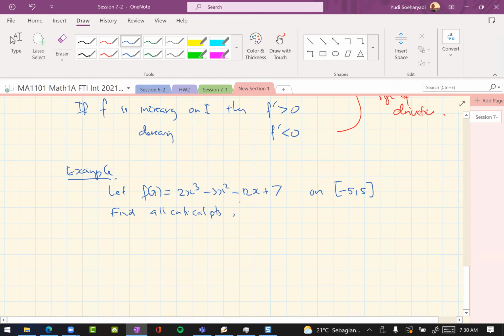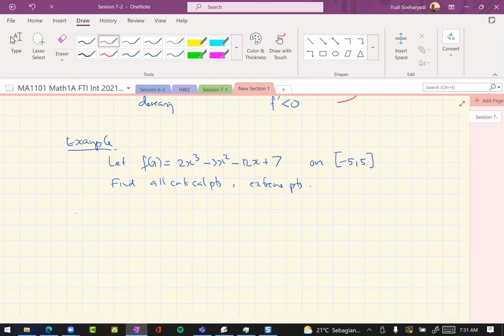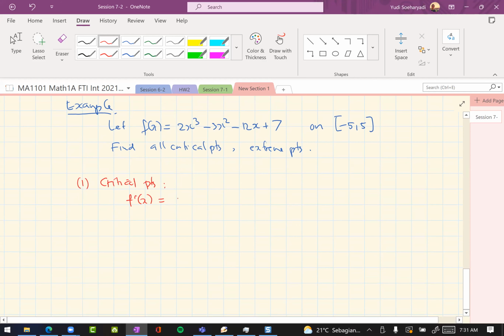So how to do this one? Let's do this first. Critical points. We'll find the derivative. Let's compute this easily: 6x squared minus 6x minus 12.